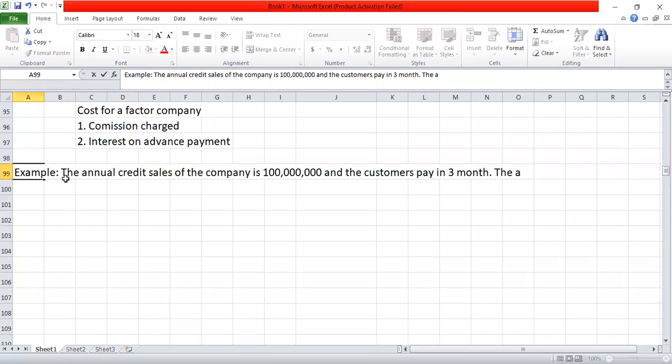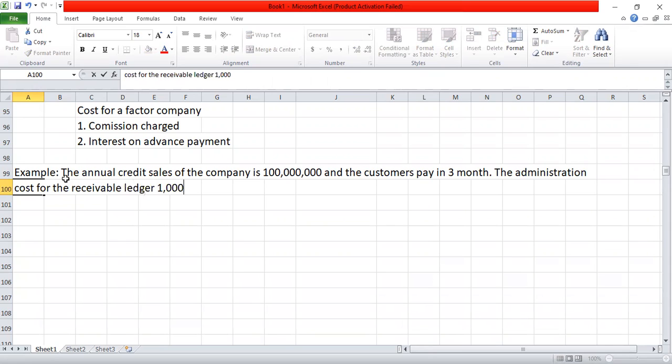The administration cost for the receivable ledger is 1 million, and the current bad debt is 2% of credit sales.